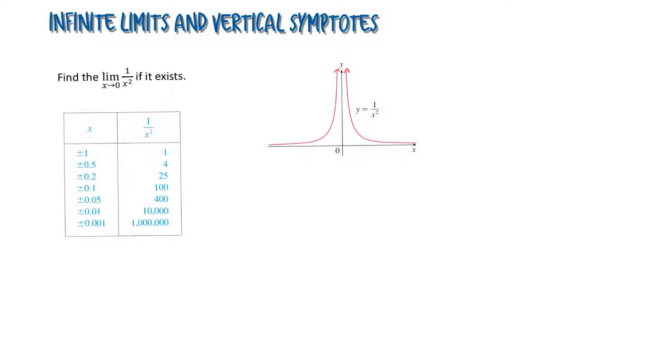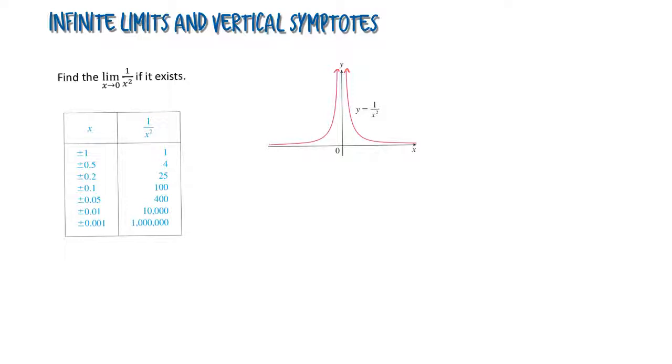If I now look at the behavior of the graph as x approaches 0 from the left, I notice the same behavior. The y values are getting larger and larger, and this graph continues off towards positive infinity. When we look at the table on the left, the x values chosen here have been 1, 0.5, 0.2, and then 0.01, 0.001.